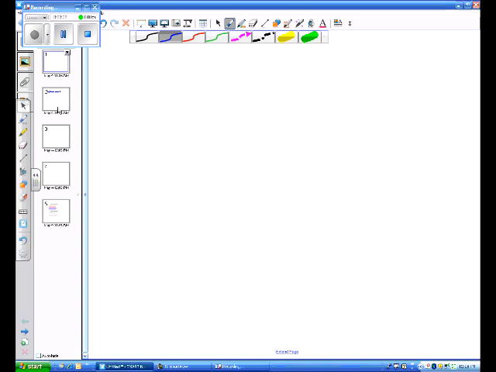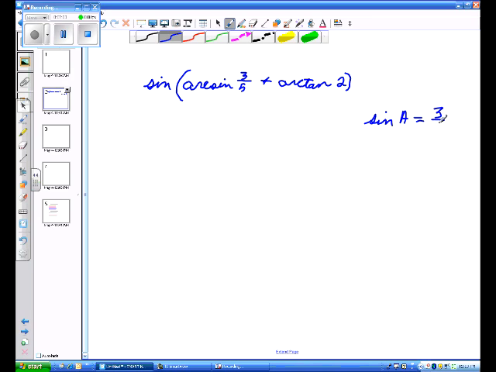So let's start out where we've got an expression. We want to take the sine of the arcsine of 3/5 plus the arctangent of 2. Now, if you remember from a previous section, our idea behind this was that this was the same as saying the sine of some angle, we'll just call it A, equals 3/5.